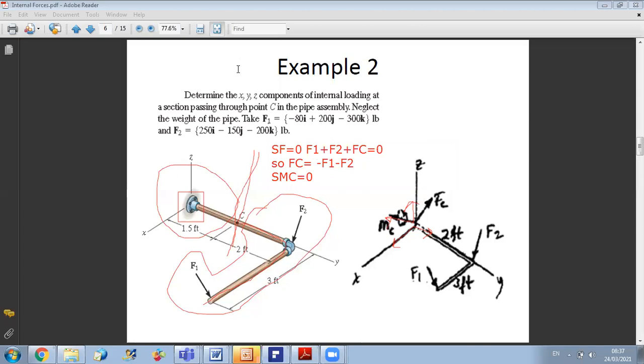So I have couple MC, plus I should consider the moment of F1 about C, plus the moment of F2 about C equals 0. So this will give me an additional equation, in which the only unknown is vector MC. So it will give me MCx, MCy, and MCz.